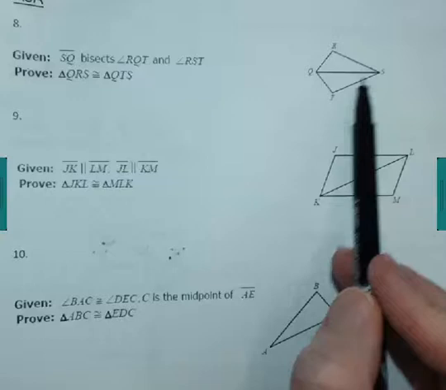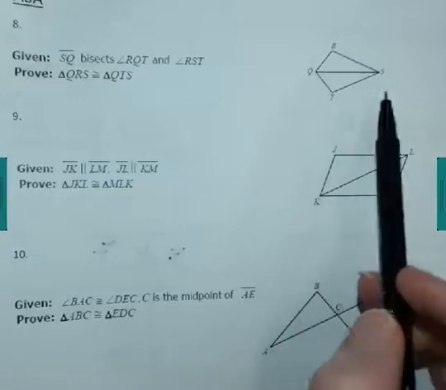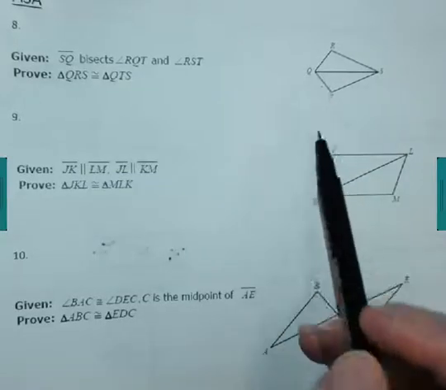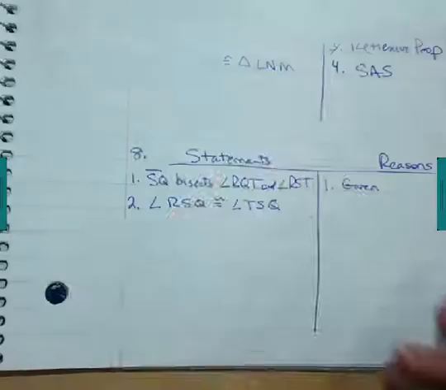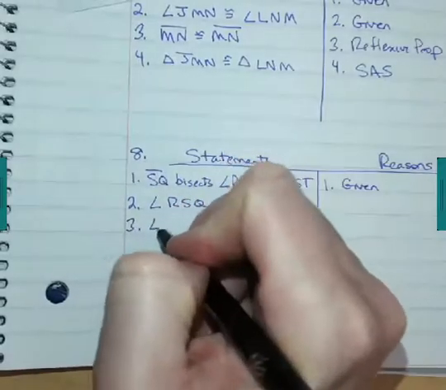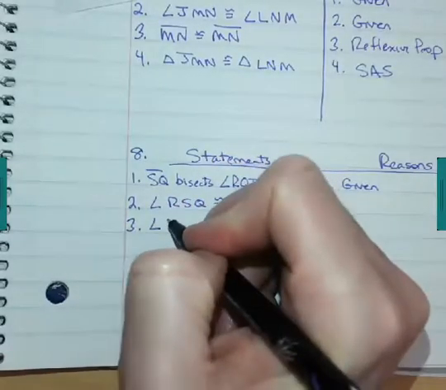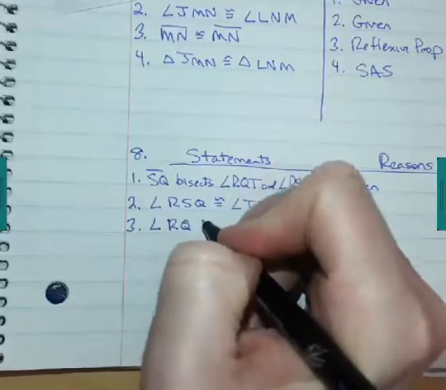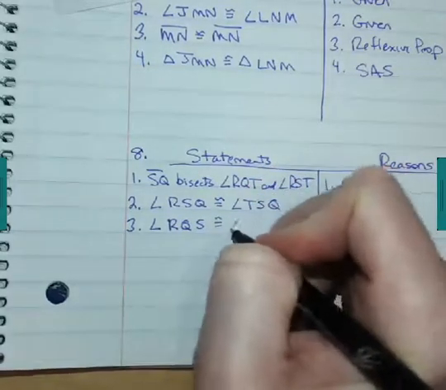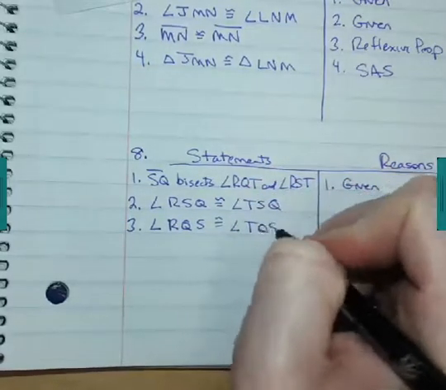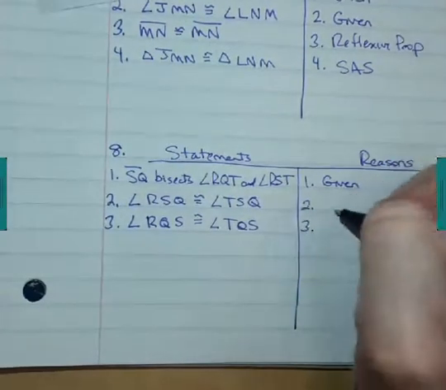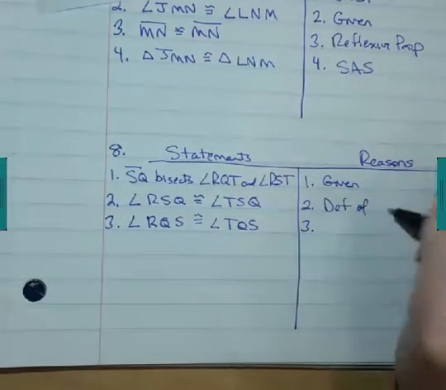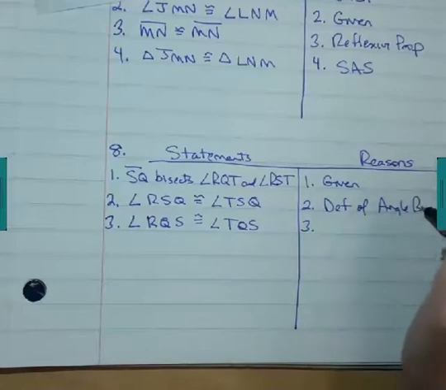I wrote that one first. So RSQ is going to be equal to TSQ. Then on the next line, I'm going to write what I said first, which would be angle RQS is congruent to angle TQS. And my reasoning for both of these is the same. It's the definition of angle bisector.